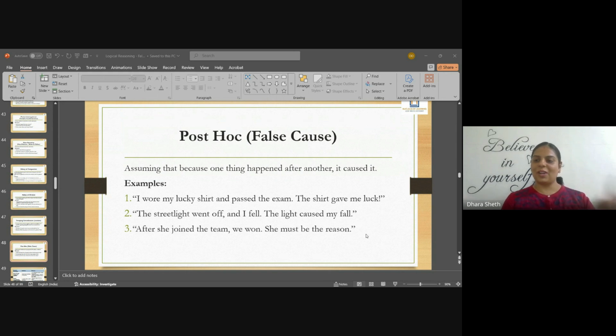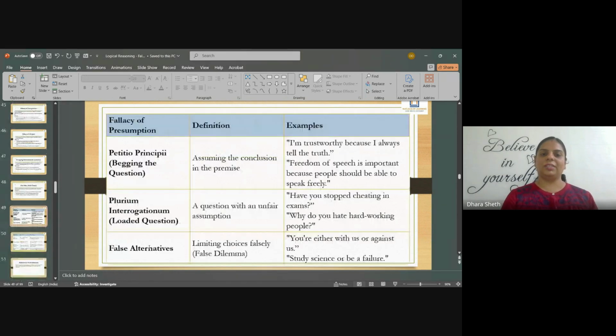So because of her, we won. Like we say, after getting married to her, I've gotten better opportunities in life. So because of her, I got promoted in my job. Okay. Emotionally, maybe true, but logically, it is called false cause. Clear with this? Okay. So these are all fallacies of presumption.